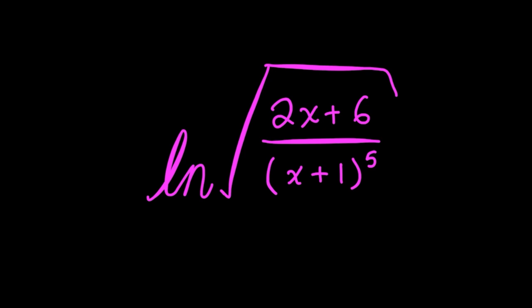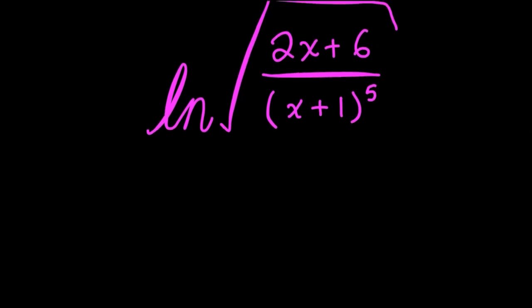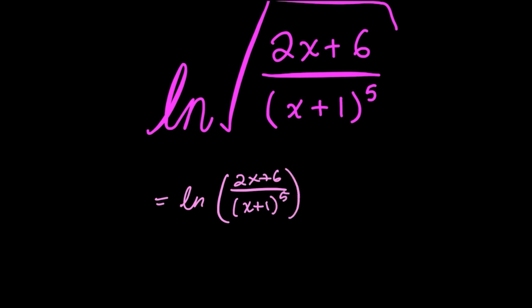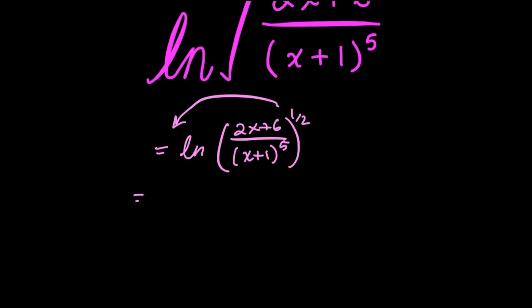As you can recall from the previous example, if I have a square root, I can rewrite this, and this becomes the natural log of whatever I have in there, so it's 2x plus 6 over x plus 1 to the power of 5, and the square root is rewritten as the power of 1/2. So now it's pretty obvious what I should do, and that's move this power up front. So I have 1/2 the natural log of whatever's inside, 2x plus 6 over x plus 1 to the power of 5.